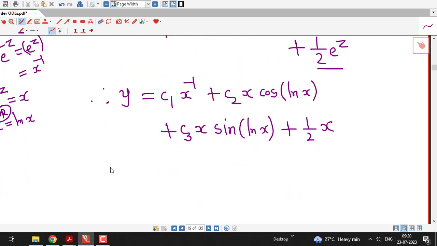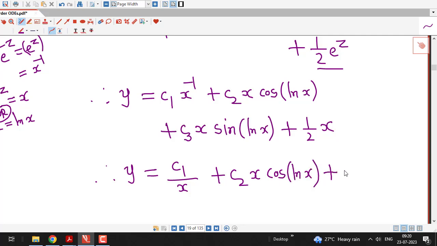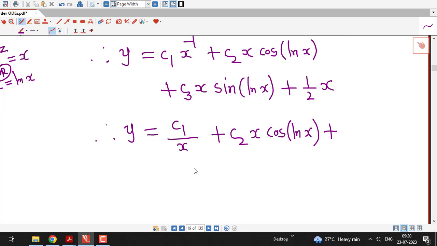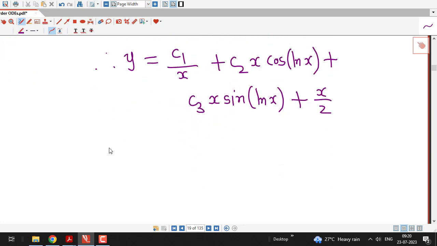So this is the general solution of the given Euler-Cauchy equation. If we wish, we can write in this form also, c1 divided by x plus c2 x cos of log x plus c3 x sin of log x plus x by 2, and here c1, c2, c3 are arbitrary constants.